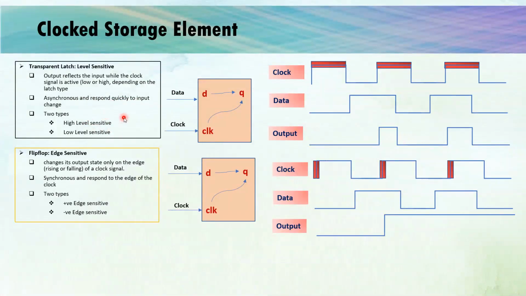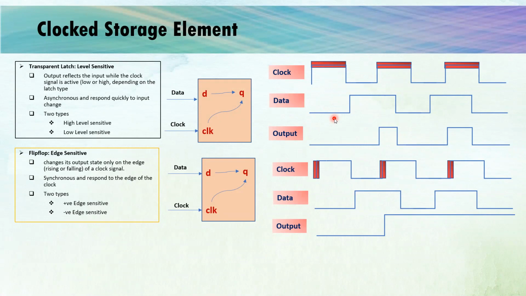The main advantages of using latches are that they are very simple: they are relatively easy to understand and implement, and require fewer components compared to the flip-flop. We'll see the implementation of the flip-flop in a while, but for now you can understand that this is very simple to implement. The other important advantage of latches is faster response, as latches respond quickly to input changes since they are asynchronous in nature.